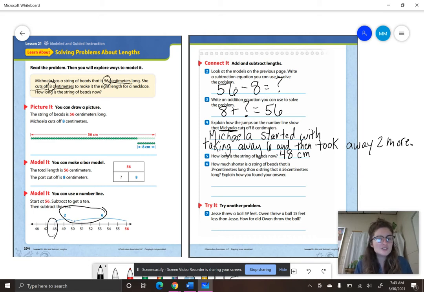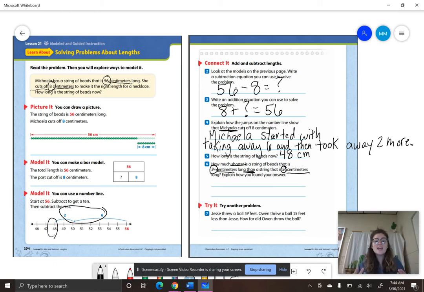It says, how much shorter is a string of beads that is 34 centimeters long than a string that is 56 centimeters long? Explain how you found your answer. Ooh, how much shorter is a string of beads that is 34 centimeters long than, ooh, there's that comparing word, 56 centimeters.